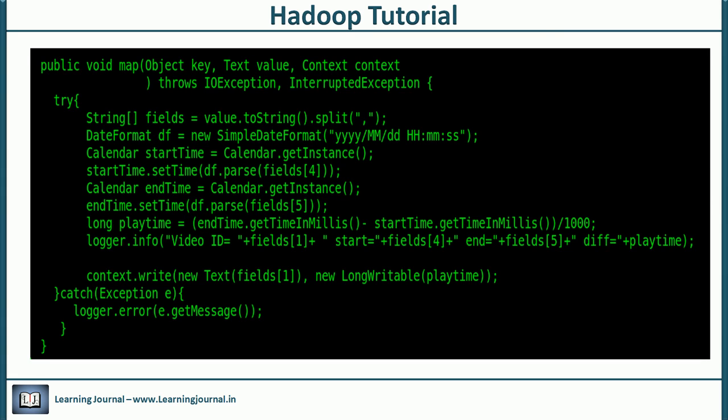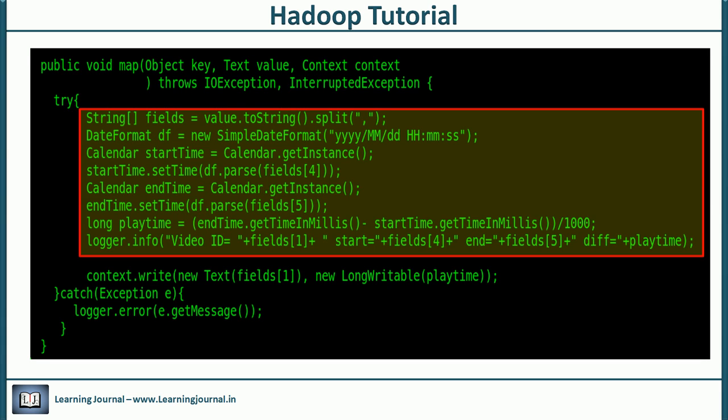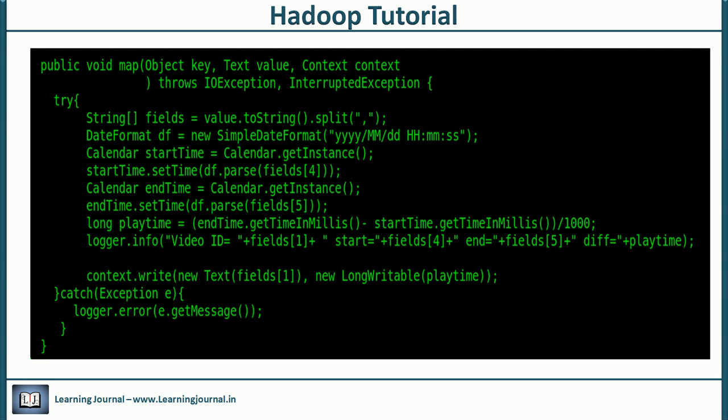Let's look at the map function first. Everything remains same because we still want to read both the timestamps and calculate the difference. Now we want to calculate the average for each unique video ID. The trick is simple. Instead of putting a constant key, we use video ID as a key.